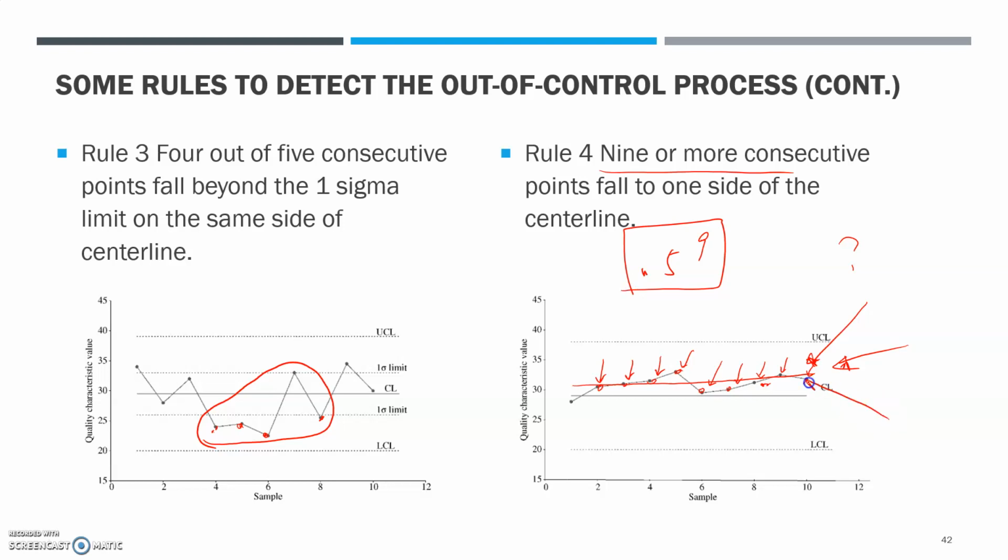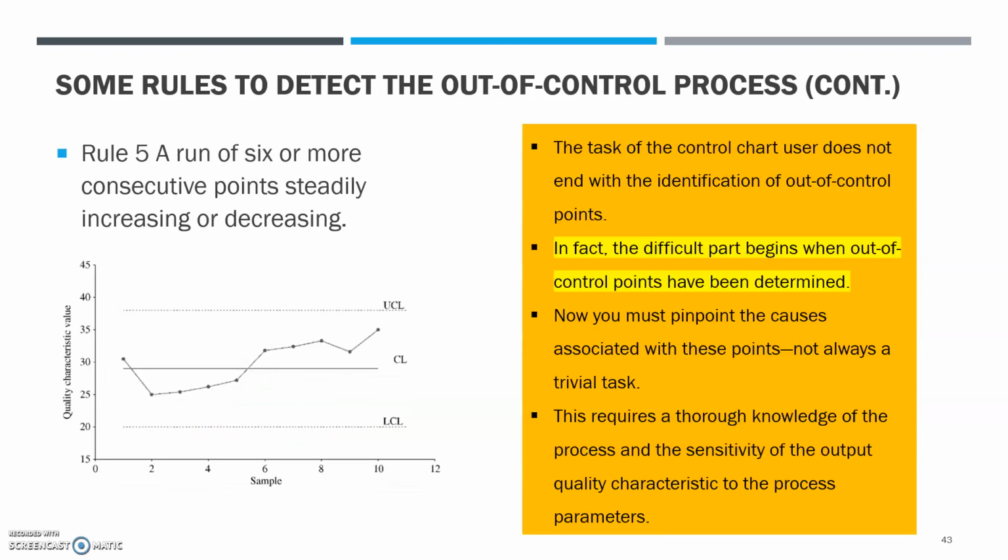Things like this can happen when the average has shifted. All 9 of them falling beyond the average is very unlikely by chance. Therefore, you have enough reason to be suspicious about the center line, whether it actually has shifted or not.